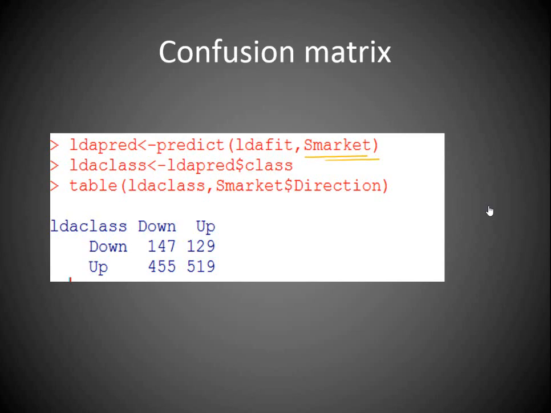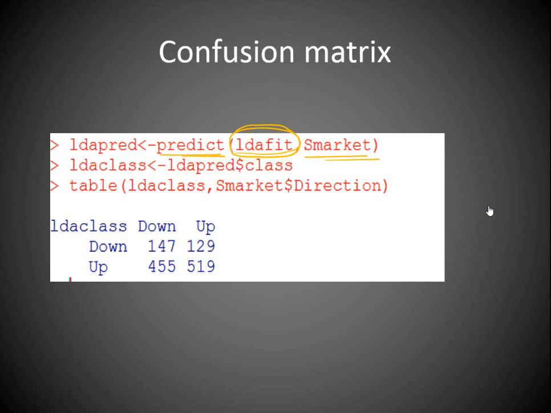So how do we do that? Well, we use the function predict, and we already have the estimates. The estimates are all stored in lda.fit from the previous step, and then we use this same data. You can of course use new data, but given that we do not have new data in this case, you can always use train and test data, but I haven't done that because of my laziness.